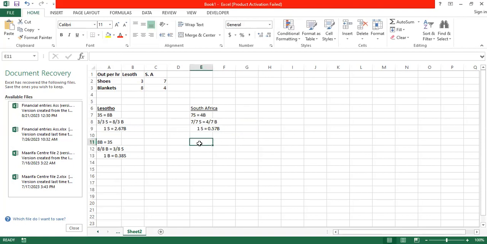All right. And then now we are doing B. We start off with 4B is equal to 7S. Now we are dividing by 4. All right. So you do that.